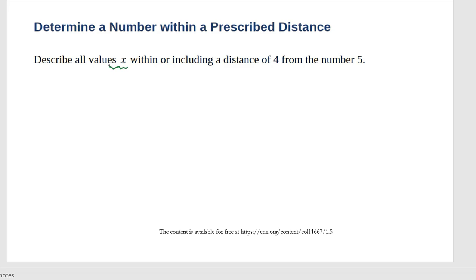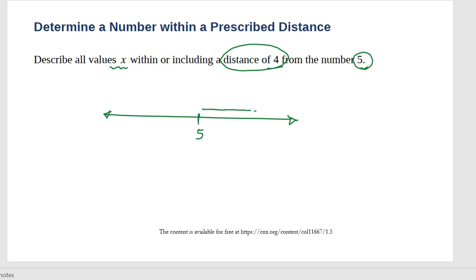Describe all values x within or including a distance of 4 from 5. So if I have a number line and 5 is here, x can be anywhere 4 units far from 5. 4 units, 4 units.